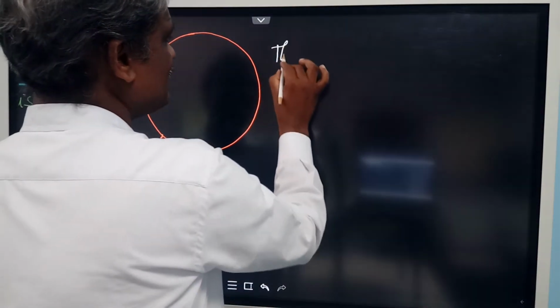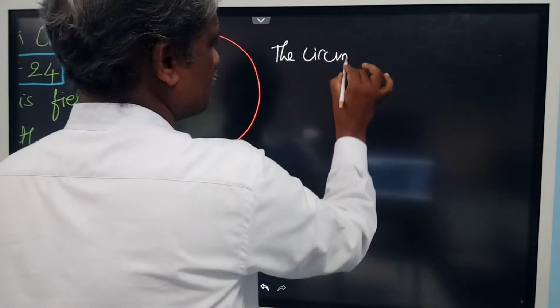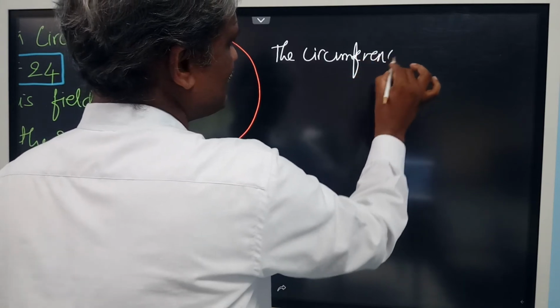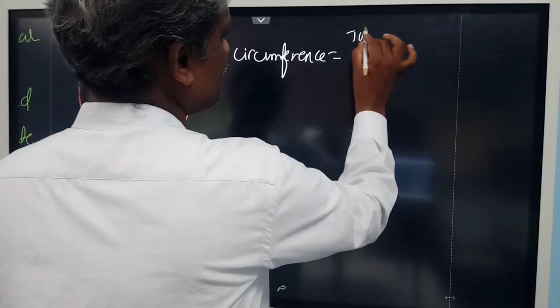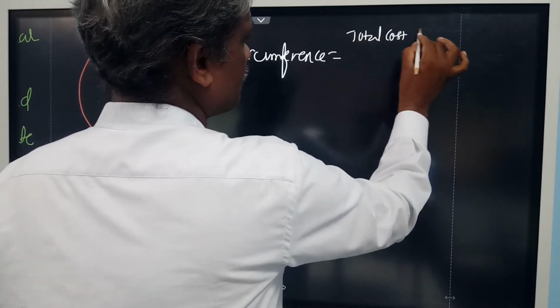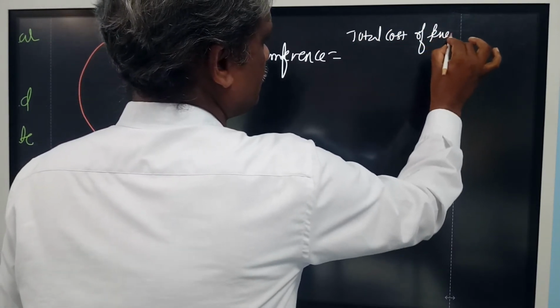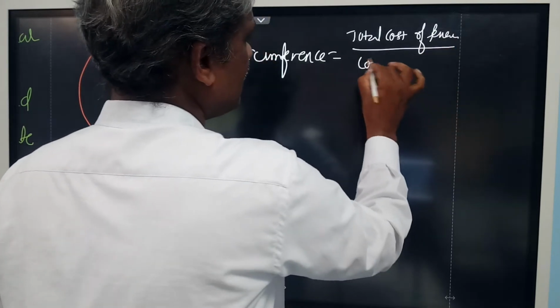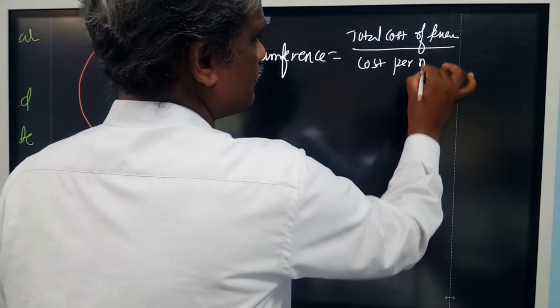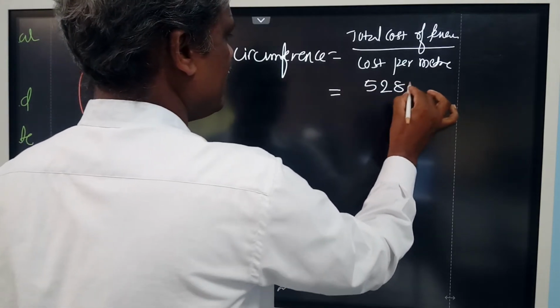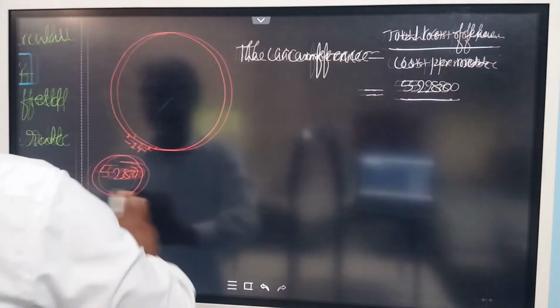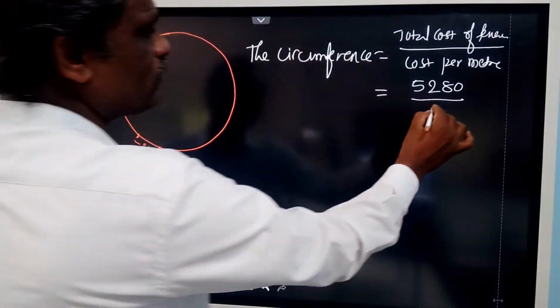So the circumference you can calculate is equal to the total cost of fencing divided by the cost per meter. So the total cost of fencing is 5,280 divided by the cost per meter, rupees 24.